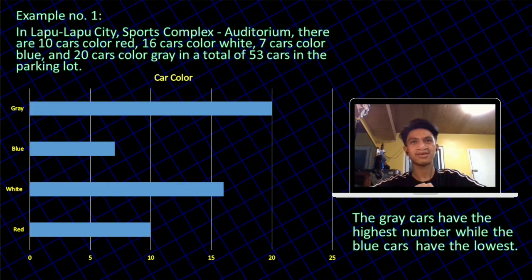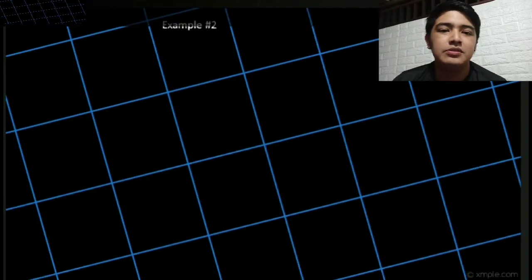As we look at the graph, there are different numbers depending on the color. The gray stars have the highest number, while the blue stars have the lowest. That's all.